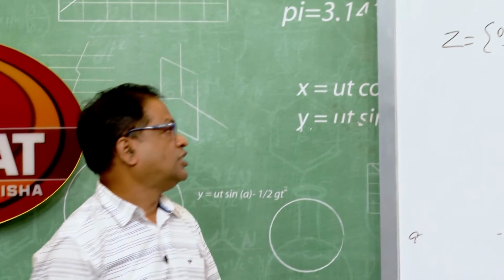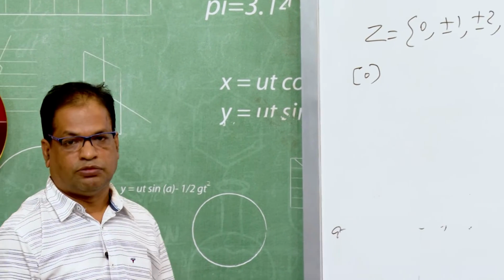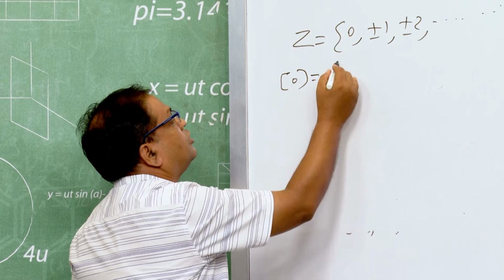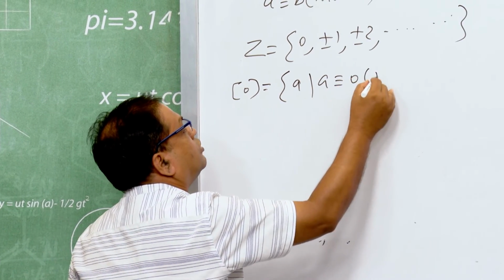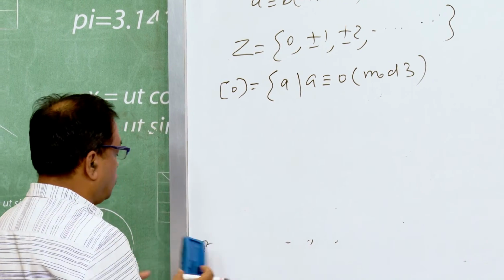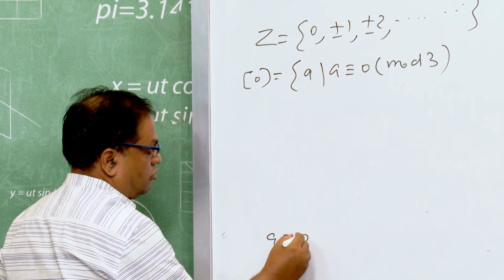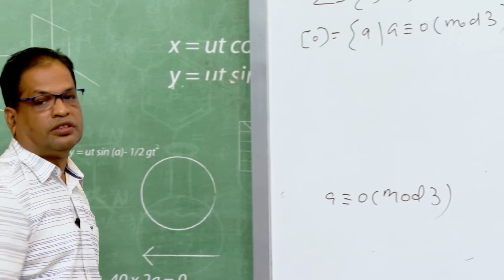So, we will find the equivalence class of 0. You may think there are an infinite number of equivalence classes, but it is not that. Let us see. What is the equivalence class of 0? The set of a such that a is congruent to 0 mod 3.